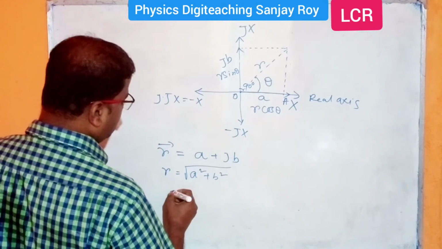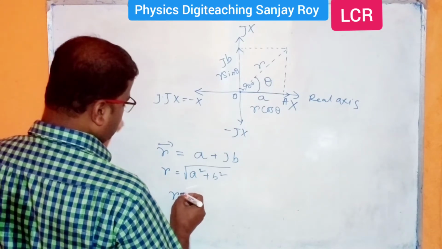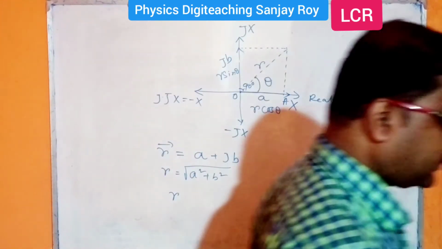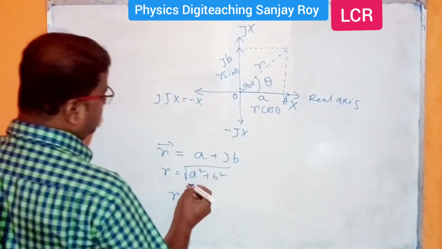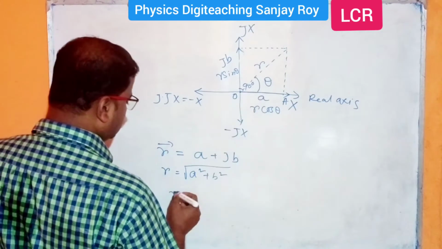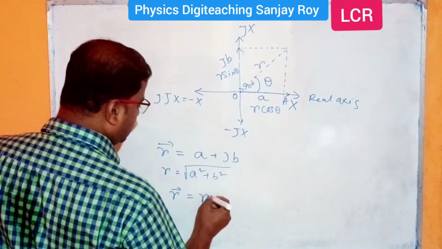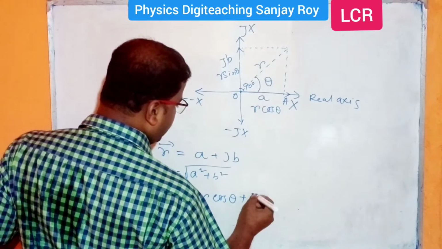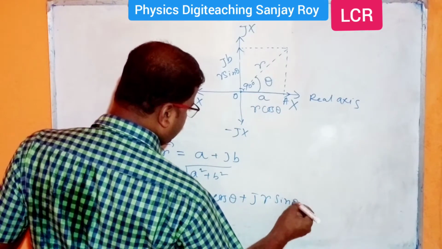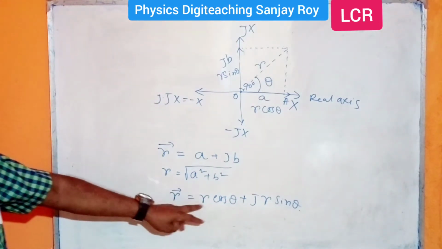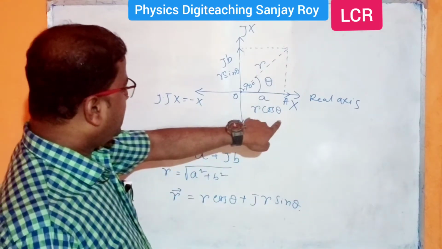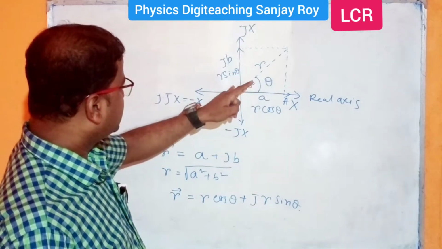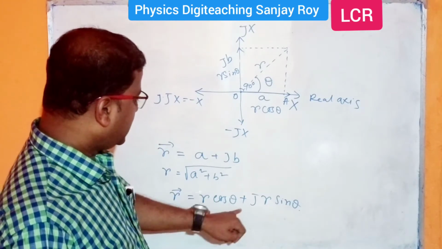Thus we see that R vector equal to R cos theta plus j R sin theta, because R cos theta is real and R sin theta is along the imaginary axis. Therefore, R vector equal to R cos theta plus j R sin theta.